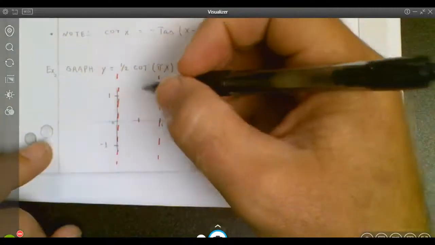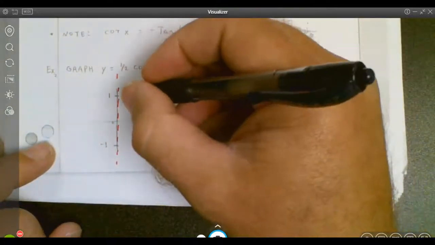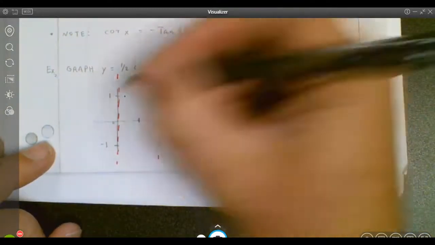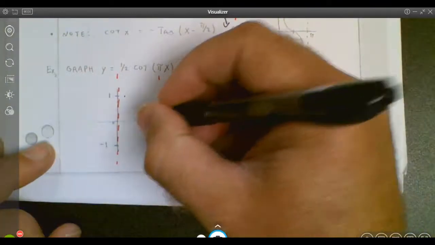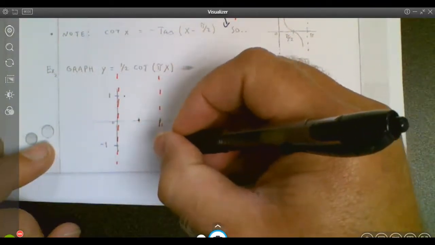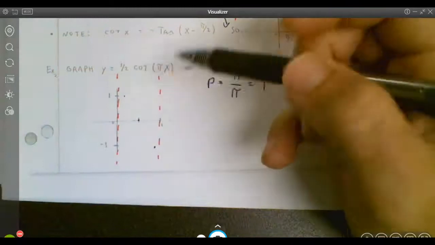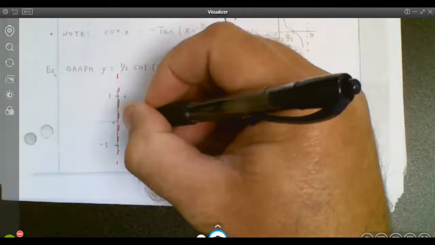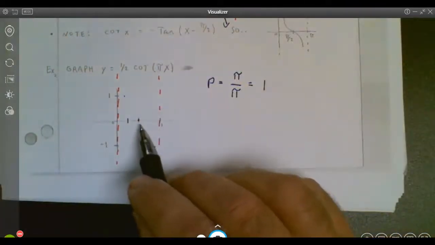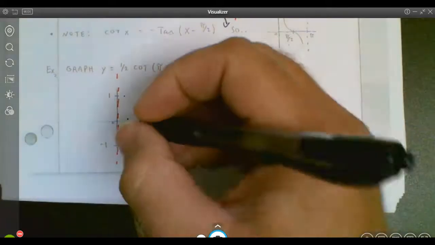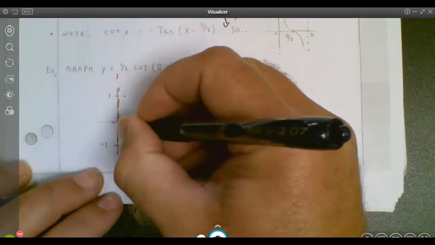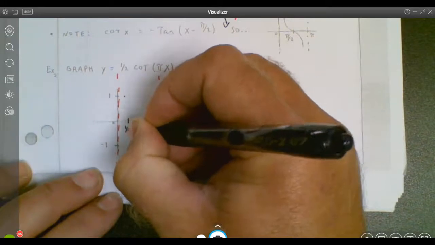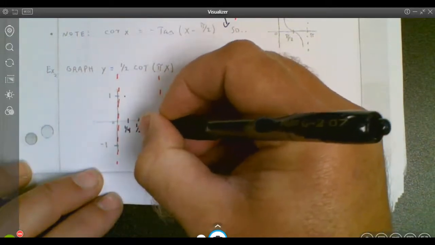And in the parent function, remember that the points were here, here, and here. So if that is 1, that means this is 0.5, which means this is 1/4. This is 1/2. This is 3/4.